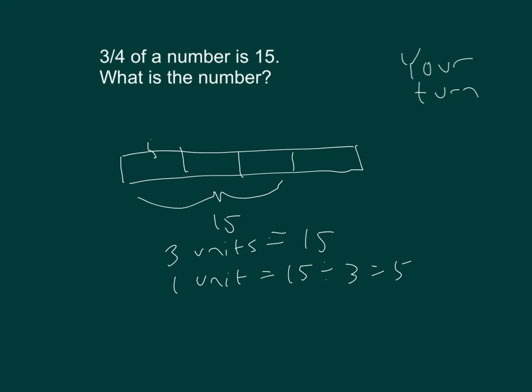So each of these is worth 5. 4 units, or 4/4 of the number, would be equal to 5, 10, 15, 20. What is the number? 20. 3/4 of 20 is 15.